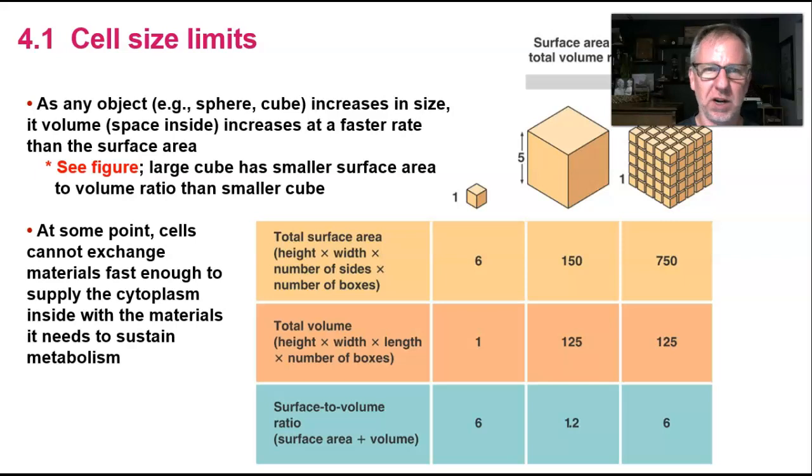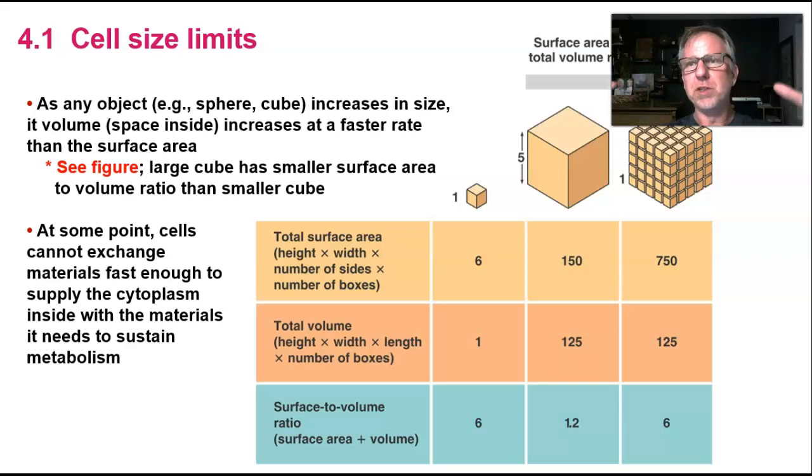As any object of a particular dimension, meaning like a sphere, all spheres have the same shape, okay? Whether you're a marble or a golf ball or a tennis ball or a basketball or whatever, or a cube. You could have a whole bunch of boxes nested inside of each other.